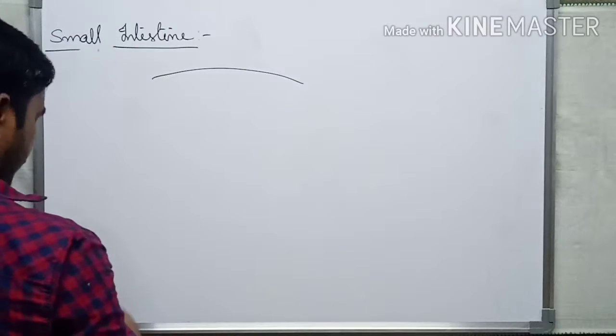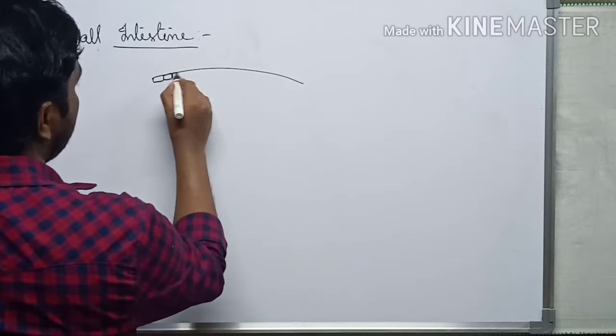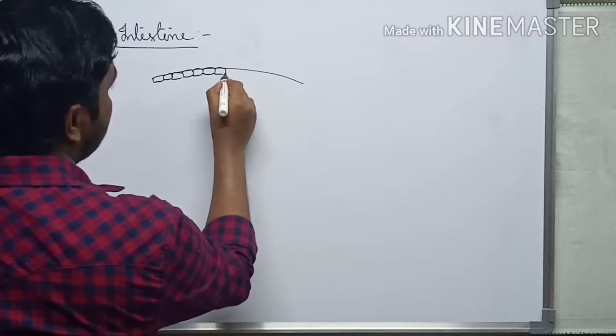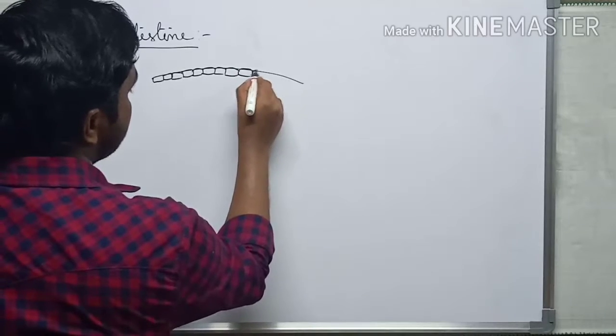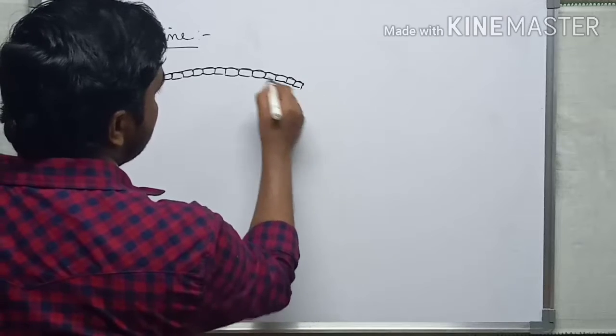The outermost layer consists of a serous coating, formed of simple squamous epithelium covering, that is the serosa.